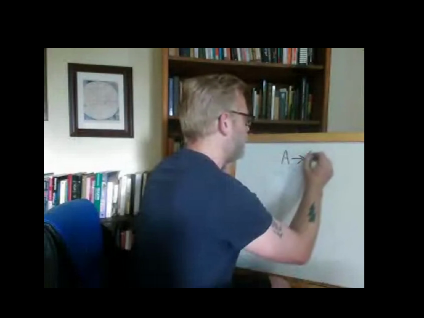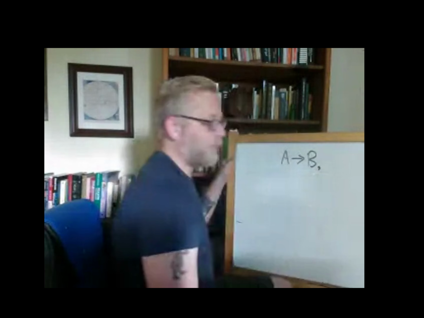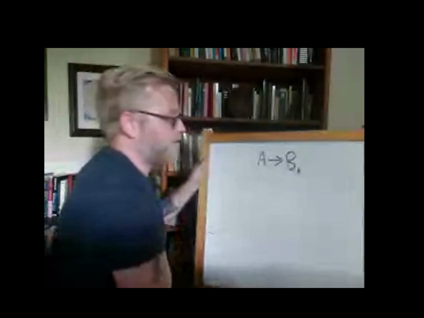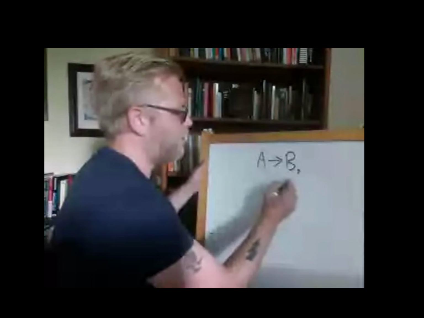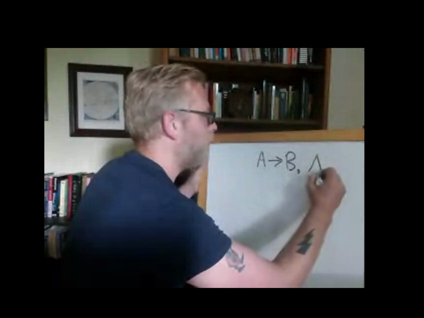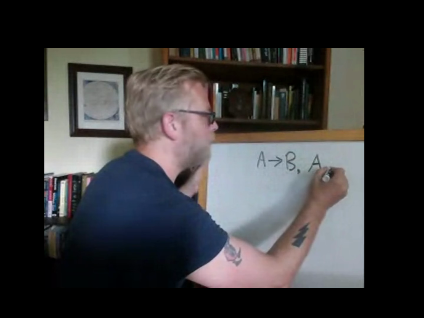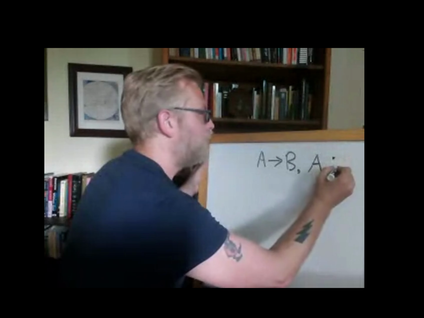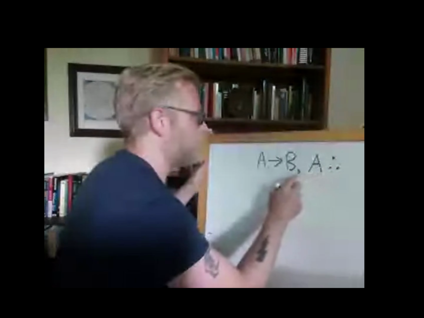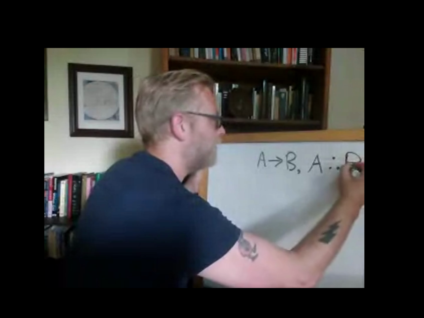If A, then B. Then a comma, that tells me the next premise is coming. It's very important that you get the formatting of this right. If A, then B, comma, that tells me there's another premise, A, and then the therefore sign, our conclusion indicator, the 3 dots. That means everything before it is premises. There are 2 premises separated by a comma, and then our conclusion is B.